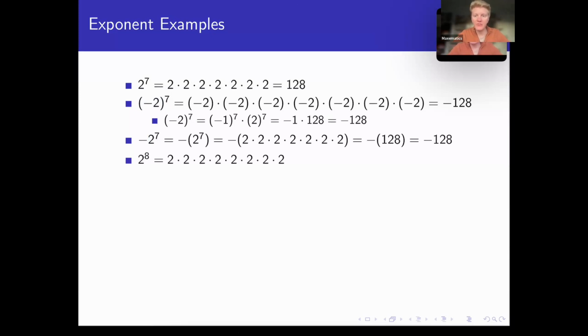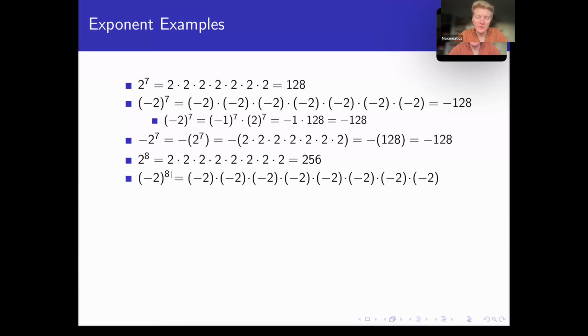2 to the 8th says 2 times 2 times 2 times 2 times 2 times 2 times 2 times 2. Well, 2 to the 7th was 128, so 128 times 2 is 256. Negative 2 to the 8th says negative 2 multiplied by itself 8 times. Well, a negative number raised to an even power is positive, right?